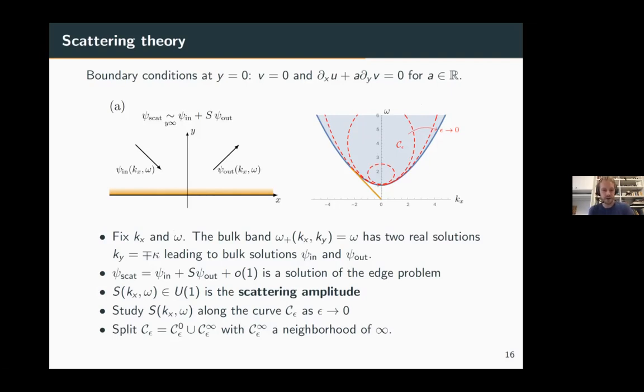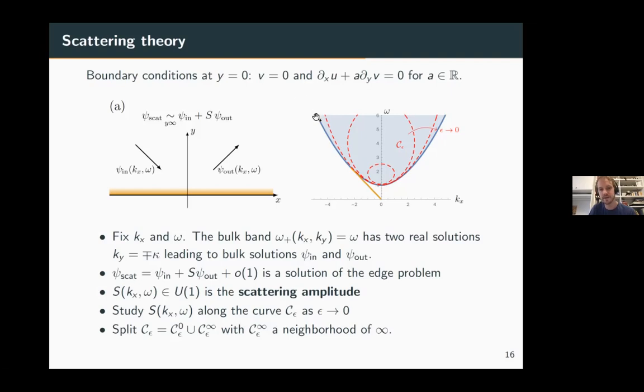So what we are going to do now is to study this scattering amplitude, which is just a phase, along some curve. So here I draw several curves C epsilon. So you start with a small circle in the kx omega plane. And basically epsilon tells you about the center of this circle and its radius. So as you increase epsilon, this will become a bigger and bigger circle.